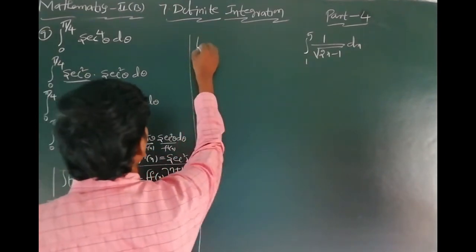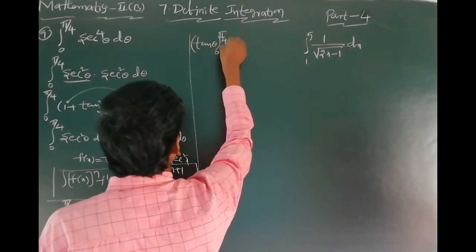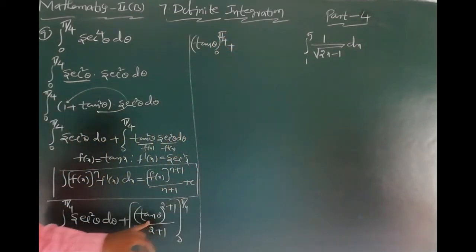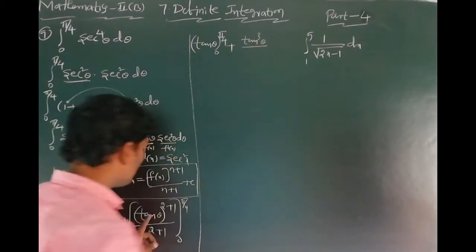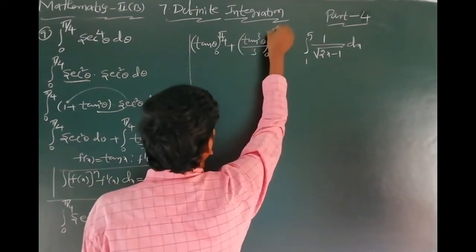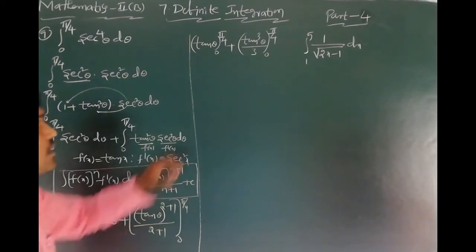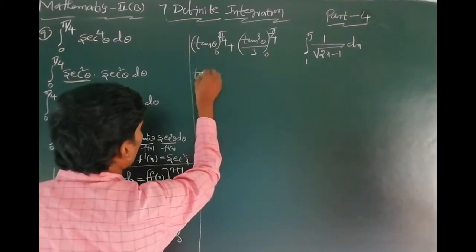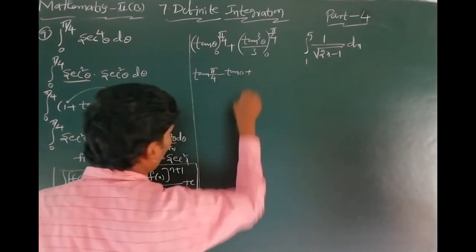Secant square x integration is tan theta, limits 0 to pi by 4, plus tan cube theta by 3, limits 0 to pi by 4. You can write here upper limit tan pi by 4 minus tan 0, the lower limit.